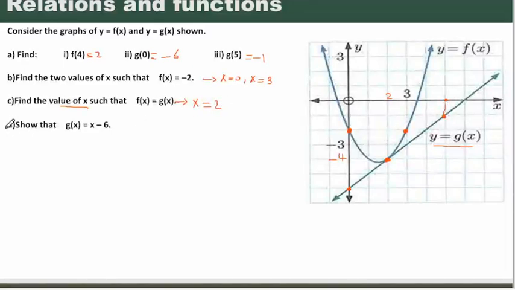The last part, D, says show that g of x equals x minus 6. To write an equation of any line, we see that g is a line, so I need only 2 points to write its equation.